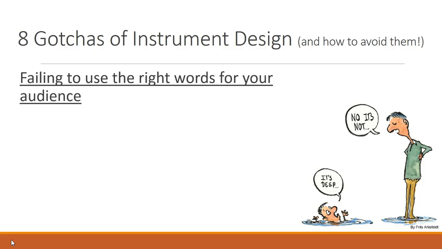What we found, however, was that even among native Spanish speakers who chose themselves to take the English language instrument, there were some gaps in language, some words in English that they simply did not have the same understanding of as our native English speakers who were participating in the formative research.